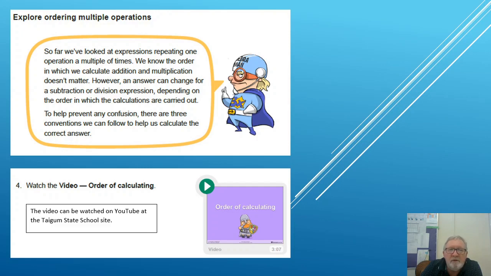However, an answer can change if it's a subtraction or division expression, depending on the order in which the calculations are carried out. So to help prevent any confusion, there are 3 conventions to follow to help us calculate the correct answer. We're going to watch a video now which talks about that. So let's watch that video.